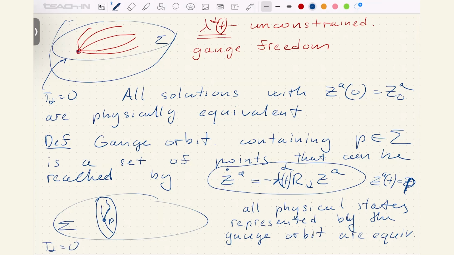Physical states can only belong to the constrained surface sigma. So not all points are allowed, but even worse, if there are 2 points like this and this on the constrained surface, it might happen that they represent one and the same physical state. They are physically indistinguishable.